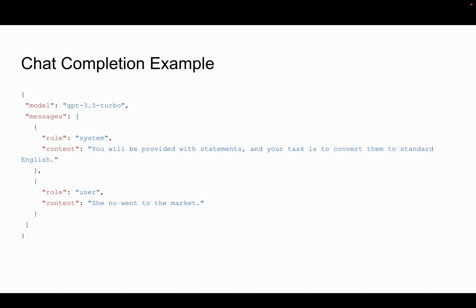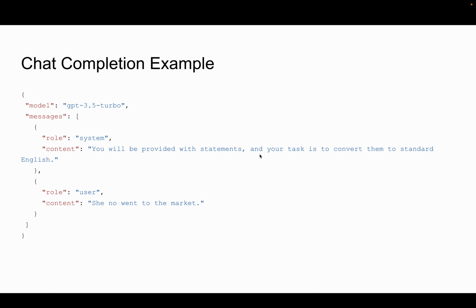Here is one example in JSON format. Here is the request. For the request, we set the model name to be GPT-3.5 Turbo, and here are the messages. We set the system message, and for the system message we set the behavior of the assistant.